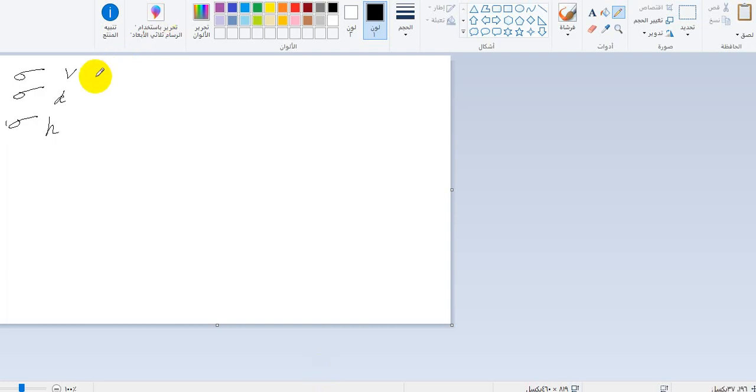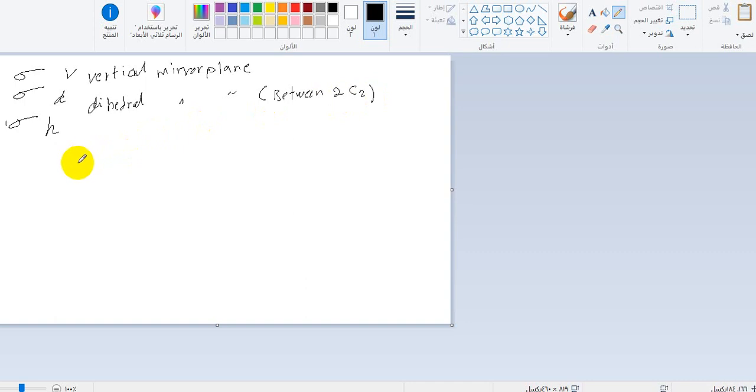Sigma v is a vertical mirror plane. Sigma d is a dihedral mirror plane, or diagonal mirror plane, and this is between two C2 axes.